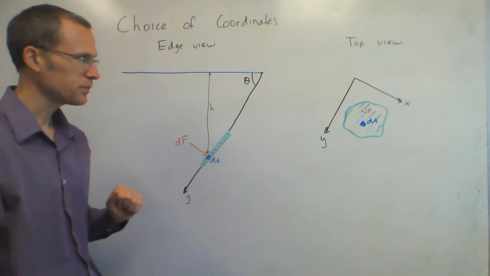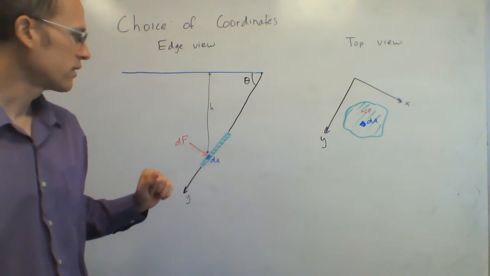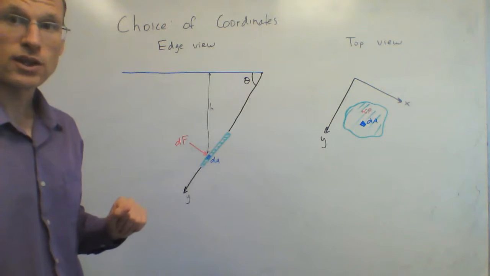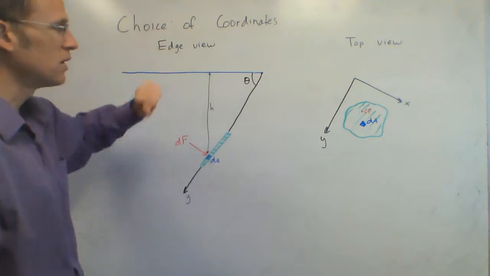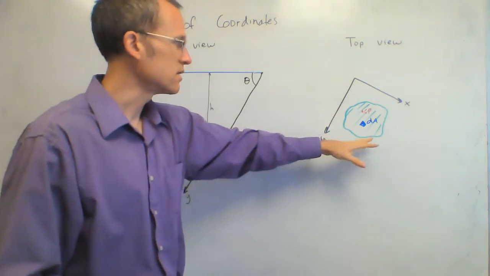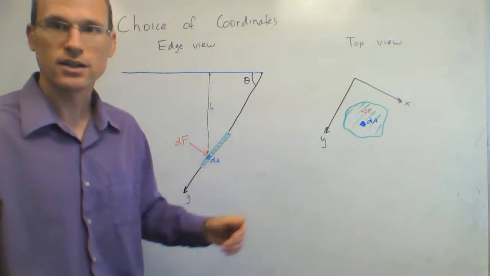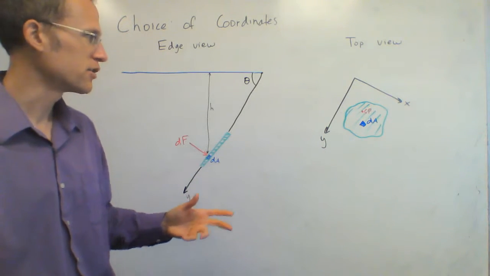I can integrate over that entire thing to give me my entire force. And so what I'm going to end up with is not only the magnitude of the force, I also care about the location. So if I look at this from the top straight down, what I see is this green plate. It's usually going to be rectangular, but I'm just drawing it as any sort of weird shape because it doesn't actually matter.